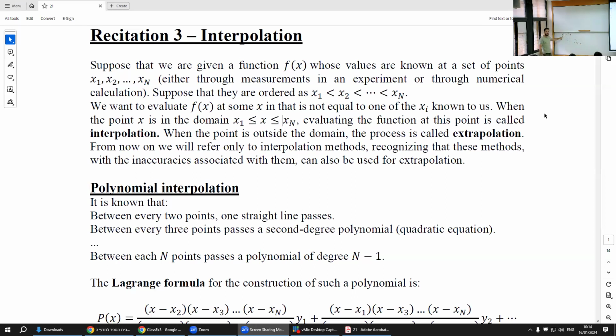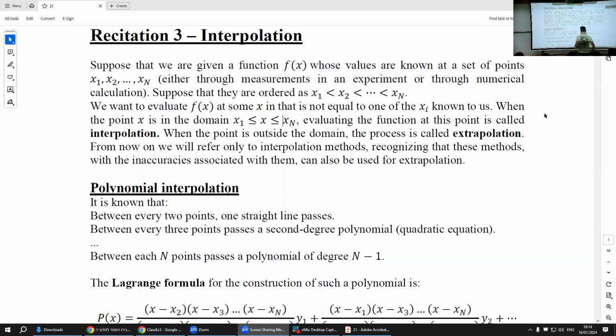So I want to build a polynomial that is 1 at xj and 0 for the other given points.